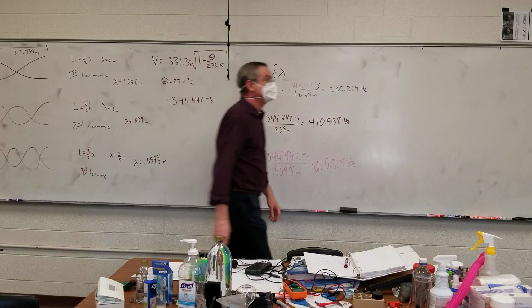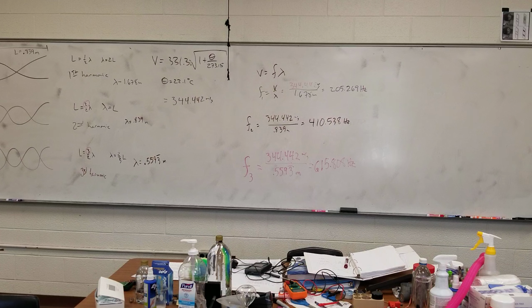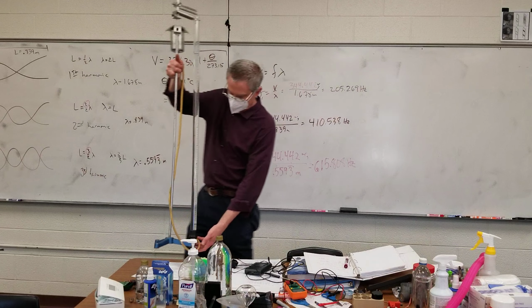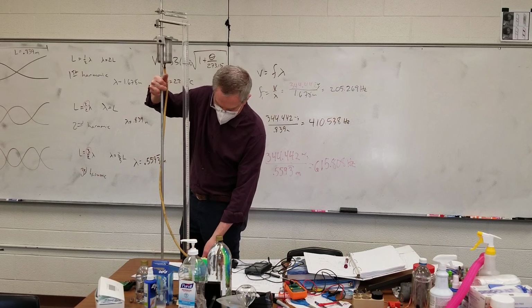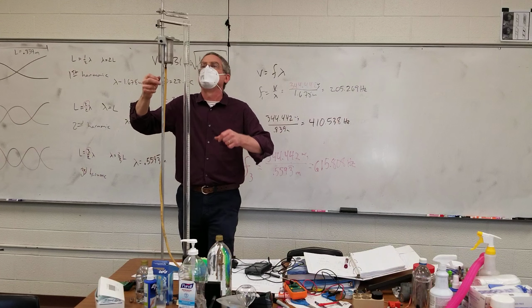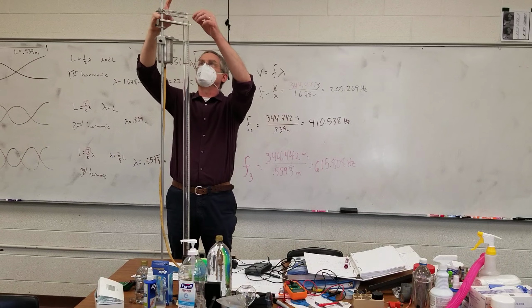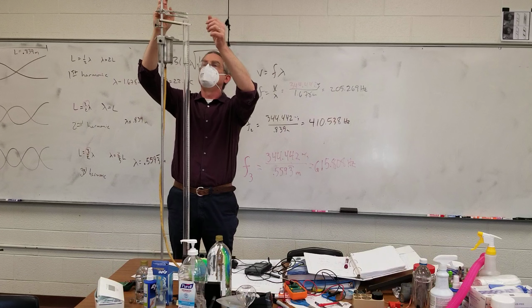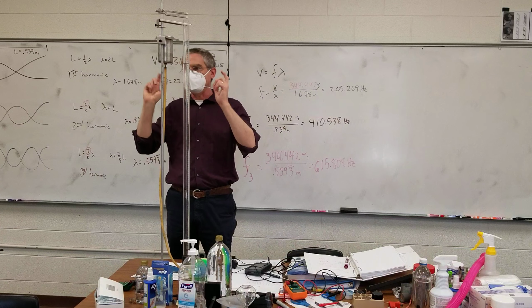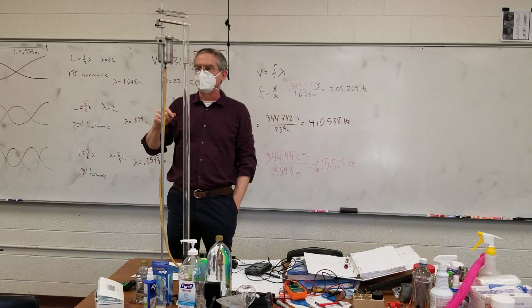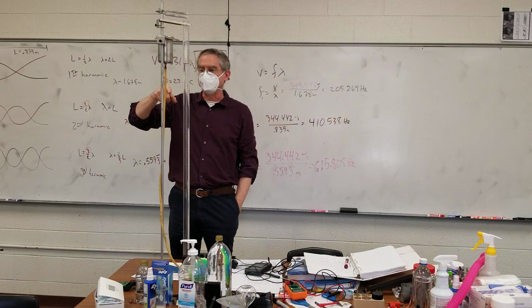One of these. This one over here. All right. So basically, it's a water tube. Got a tuning fork here. Maybe you can hear that. Yeah. Yes, Ronald, you're the one who's probably going to have the most difficulty.